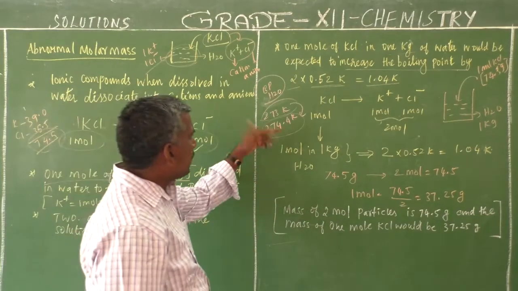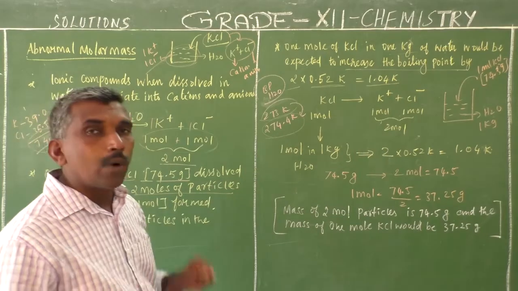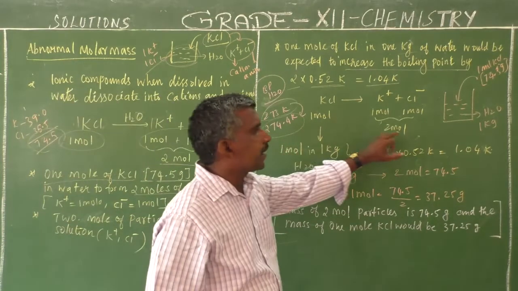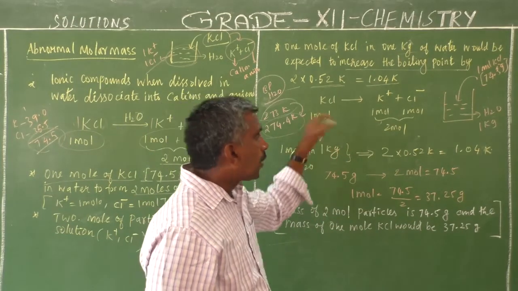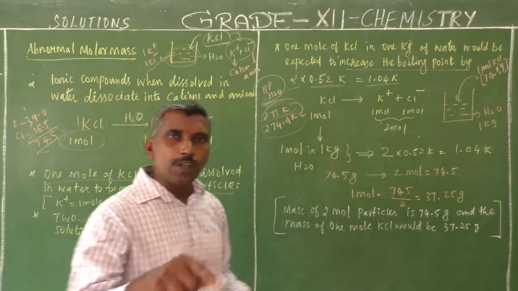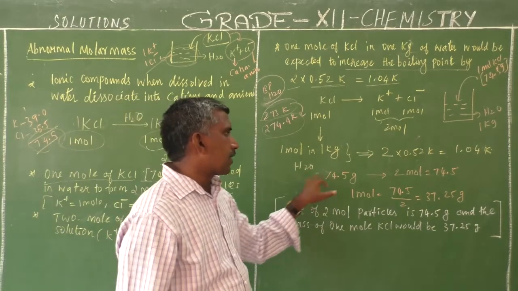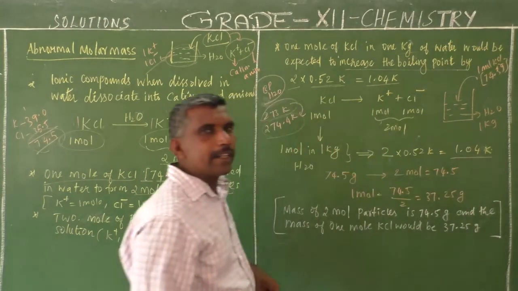This is the elevation of boiling point. What is the reason? The number of particles is increasing. Before dissolution there is 1 mole, after dissolution 2 moles. So 1 mole in 1 kilogram of water is equal to 2 into 0.52, that is 1.04 Kelvin increase.